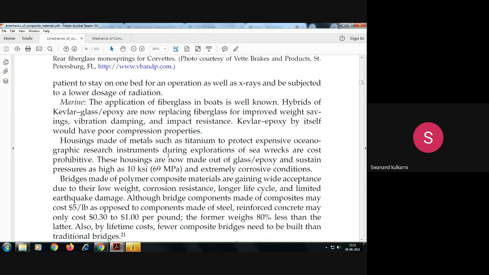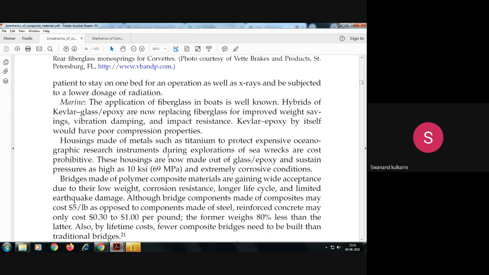Previously the titanium material was used for housing manufacturing, and that housing was used as protection. But nowadays this titanium material is not used. These housings are now made from glass epoxy. Is it okay? For this, near about 69 megapascal, that much pressure this material sustains.